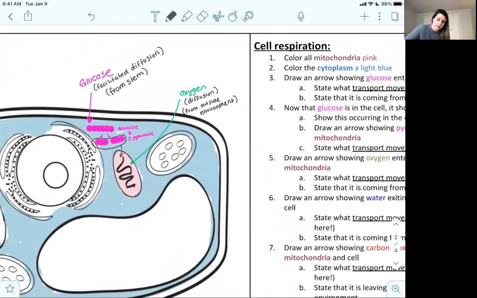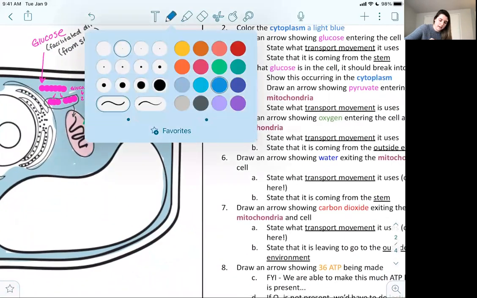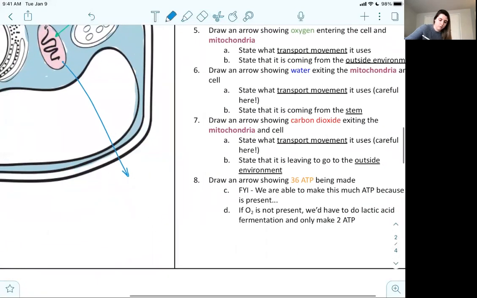Step number 6 says that we need to draw an arrow showing water exiting the mitochondria and the cell. So I'm going to draw, let's see, I'm going to kind of go this way. Notice that we're not actually going through the vacuole. I'm just drawing over the vacuole. Our water here is exiting the mitochondria. And actually, you know what I can do here?